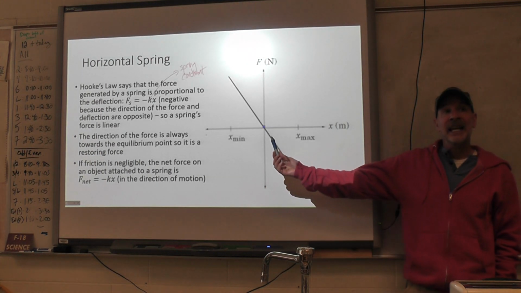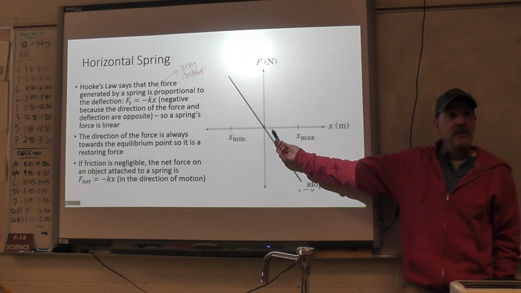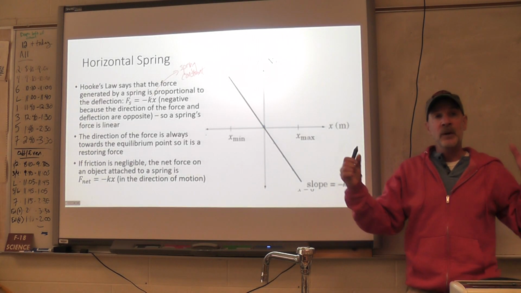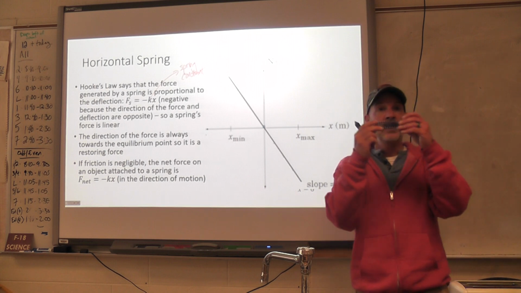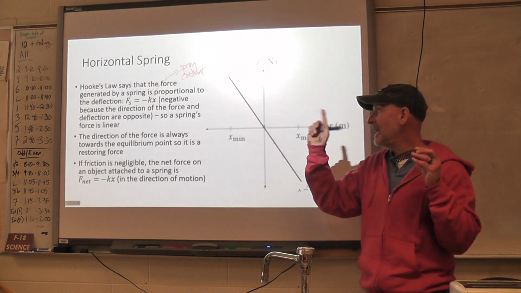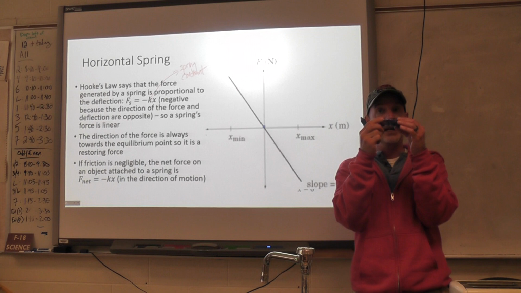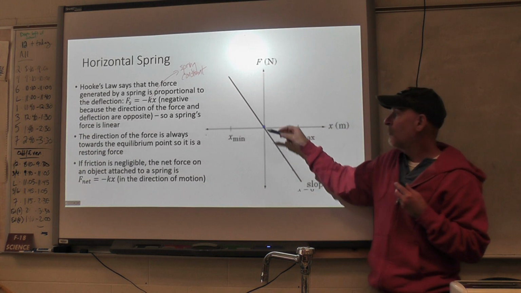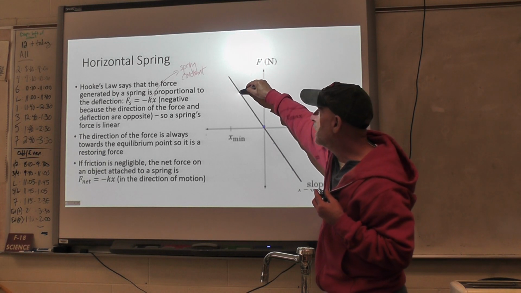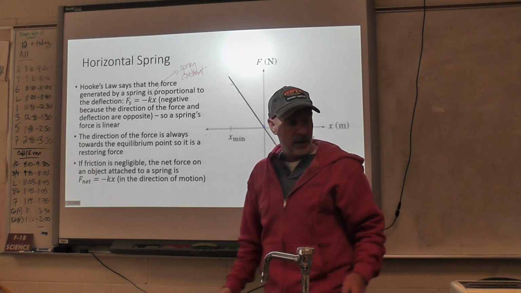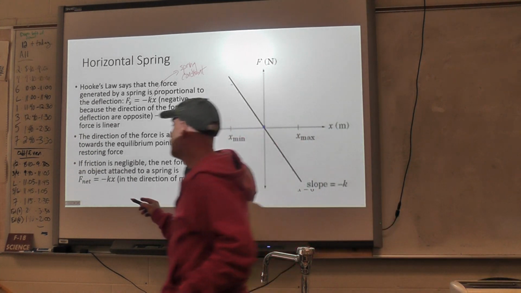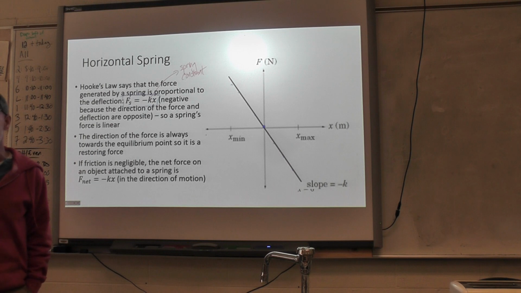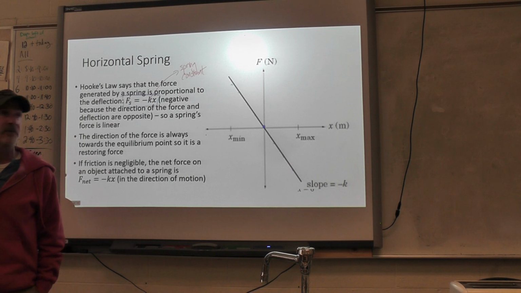So if the deflection is positive, then the force is going to be negative. If we push our spring this way, now our deflection is negative. We're moving the object in the negative direction, but the force is pushing the other way. So for negative deflection, we get positive forces. And that's what gives us this equation, negative kx, because the force from the spring is always opposite the direction of the deflection.